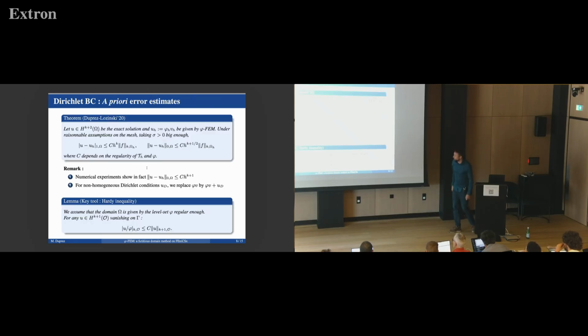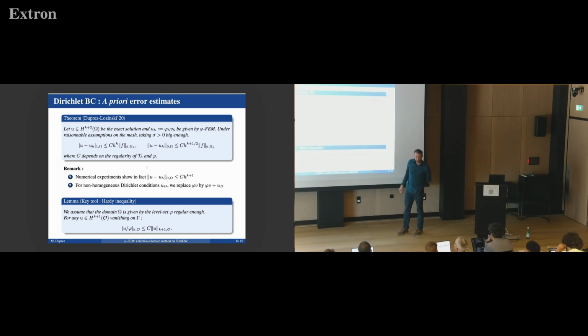Okay, so some math. For instance, for this problem, we have proved that we have optimal convergence for the H1 norm and quasi-optimal for the L2 norm, even if numerically we have the optimal one. It comes from the Aubin-Nitsche strategy, which is available only for a symmetric form.